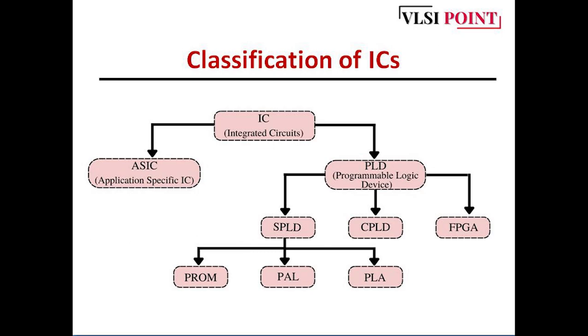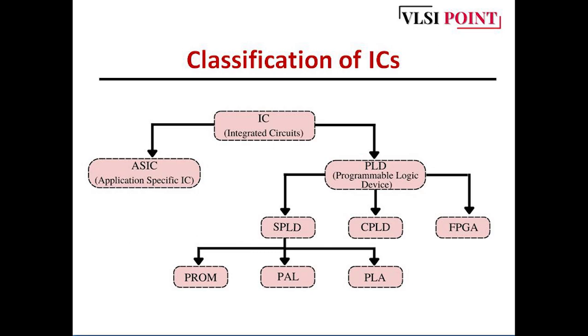So now we will see how SPLD is further divided into PROM, PAL and PLA. Here in this figure it will be more clear to you how PROM is working. In PROM, we have a fixed AND array at the input side and a programmable OR array at the output side. If the normal ROM has a programmable feature, then it is called the PROM, meaning programmable read-only memory.